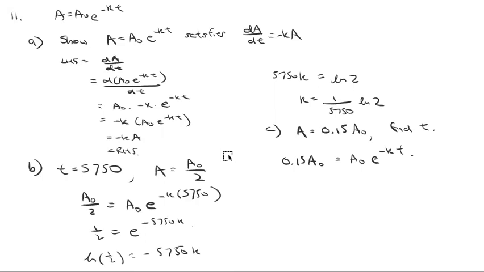Divide by A0, take the log of both sides. So t must equal negative 1 over k times log 0.15. So work out what k is, and then times that by negative 1 and reciprocate it, times log.